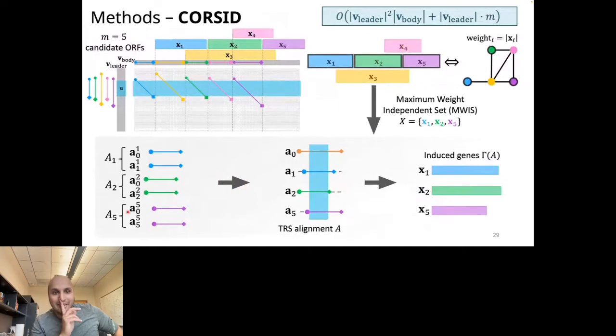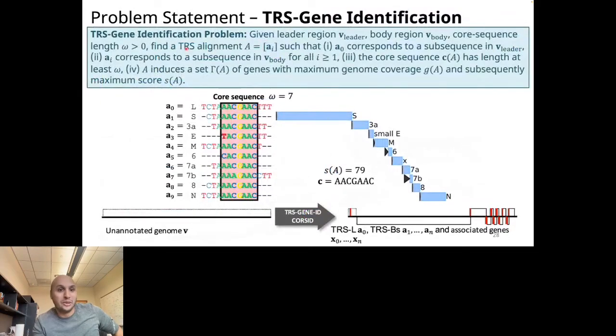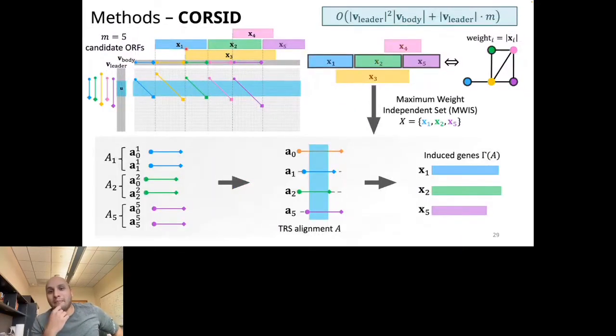All right, let's talk about the method. How do we solve this problem statement? Again, this can be solved in polynomial time, and the reason is as follows. We enumerate candidate open reading frames in V body.